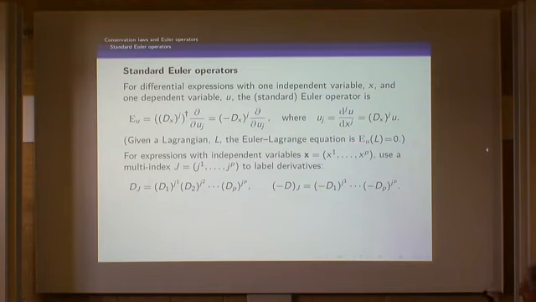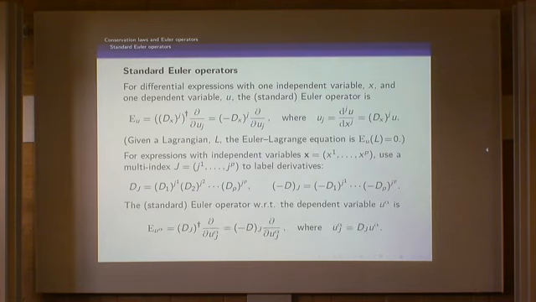If you've got more variables, then it's really helpful to try to tidy up the notation with a multi-index. And so a multi-index has a label, one value for each of the independent variables, telling you how many times you're differentiating with respect to that variable. Okay? And so D_J here is the number of derivatives labeled by that multi-index, and its adjoint is minus D_J, which is the same thing but with all the D's replaced by minus D's. Okay. Okay, so you stop me if you find anything confusing, but I think it's straightforward at the moment.